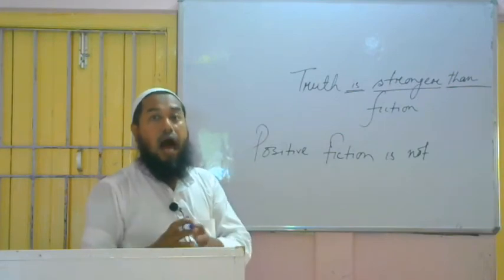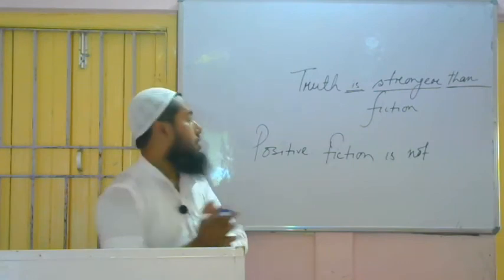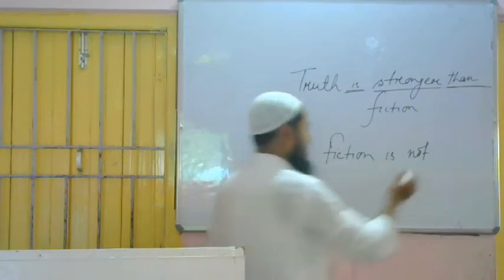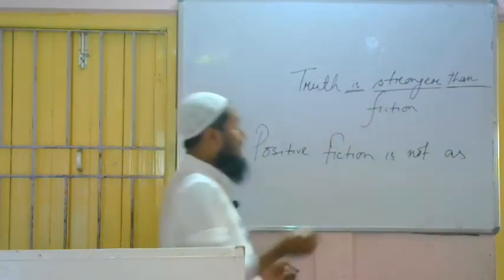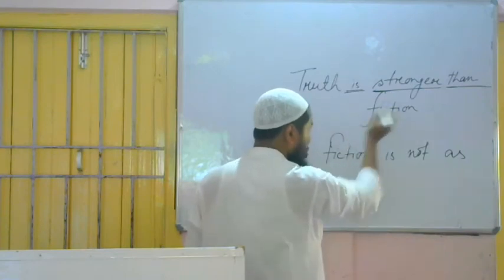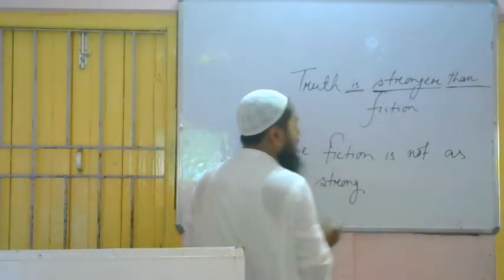Then I showed you the formation, how a positive sentence is formed. After not we have to use as. Fiction is not as. Then the positive form of the adjective stronger is strong. Fiction is not as strong.